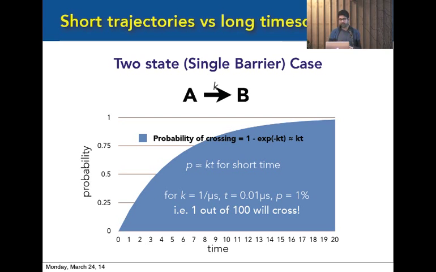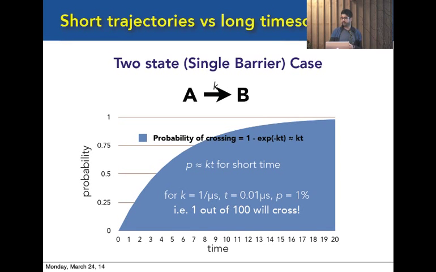If you do the math, something kind of cute is that even if k was 1 per microsecond, with 10 nanosecond trajectories we'd still expect 1% of the trajectories to cross at 10 nanoseconds. Or equivalently, we could have a millisecond process with 10 microsecond trajectories, and we'd still expect 1 out of 1,000 to cross. This is how we can run many trajectories and still expect one to cross, even with this type of statistics.